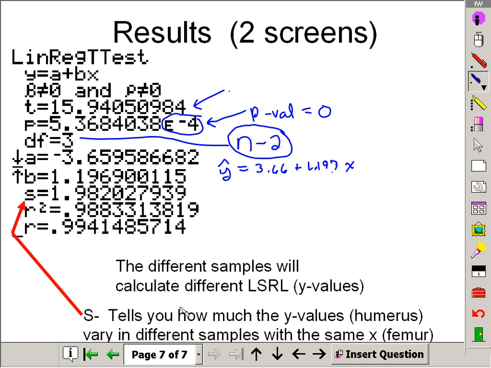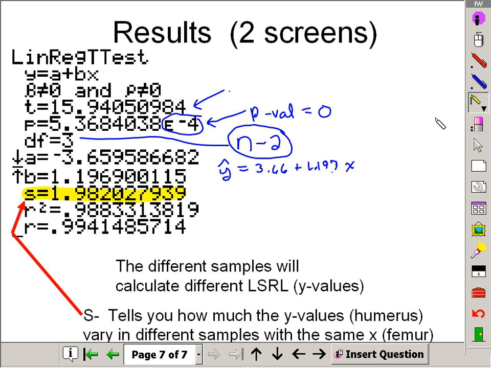Now, this value s is saying how much y values will differ based on the same x. For instance, on my sample, I ended up with a least squares regression line. One of you could have taken 5 different samples and come up with a different least squares regression line.